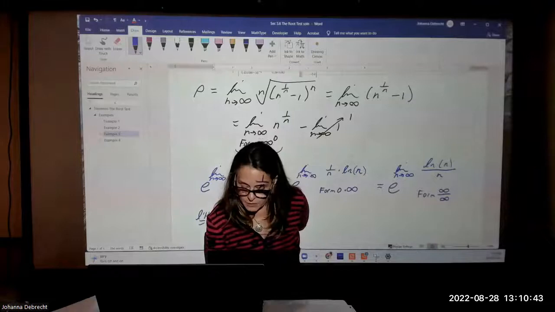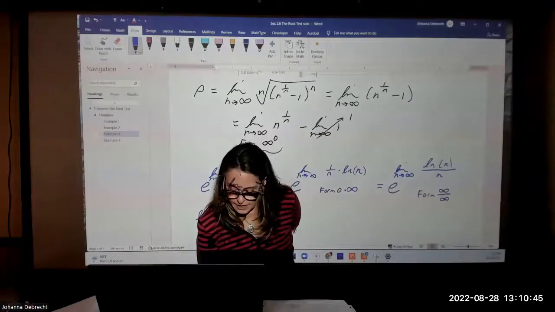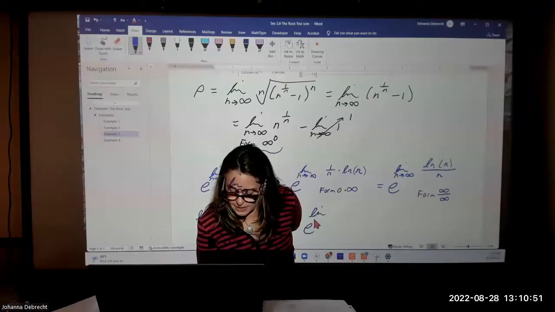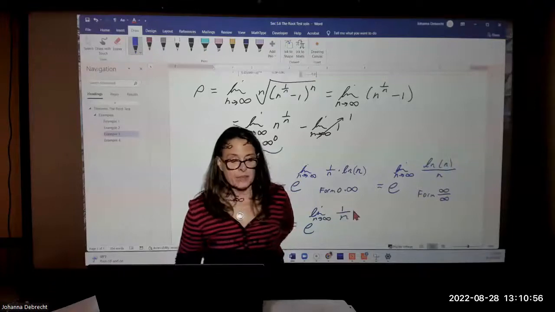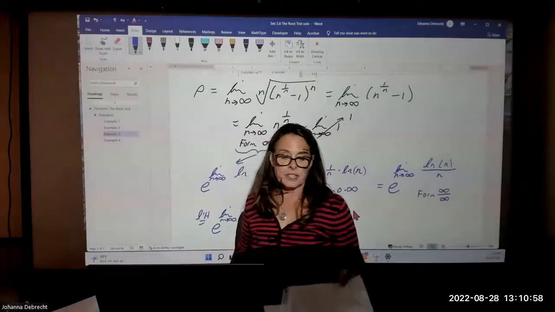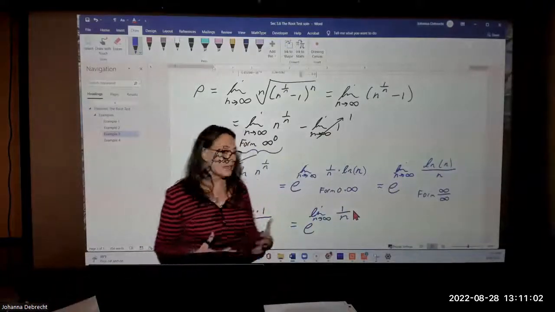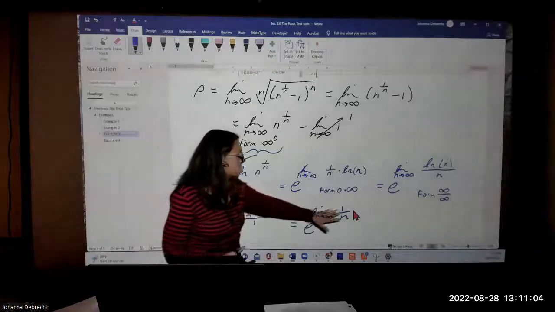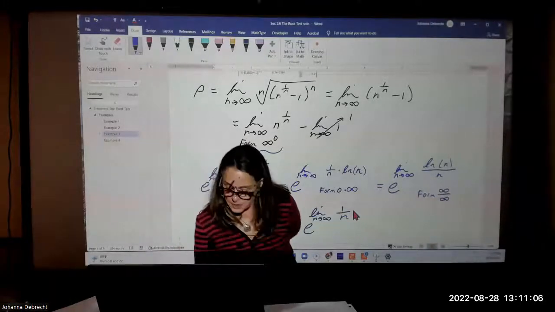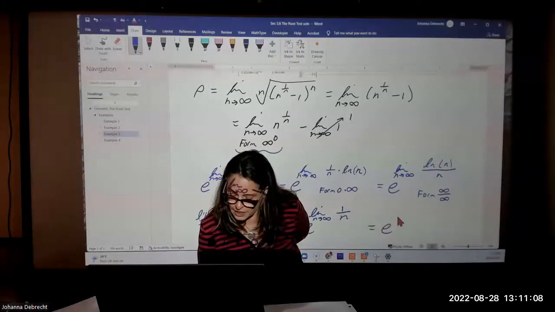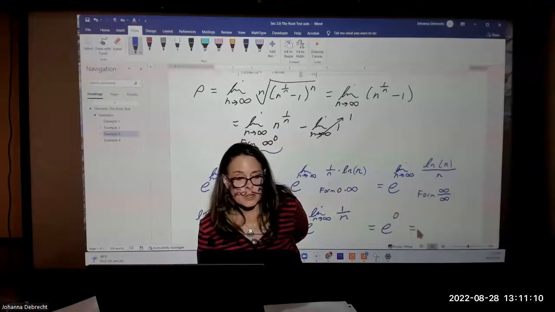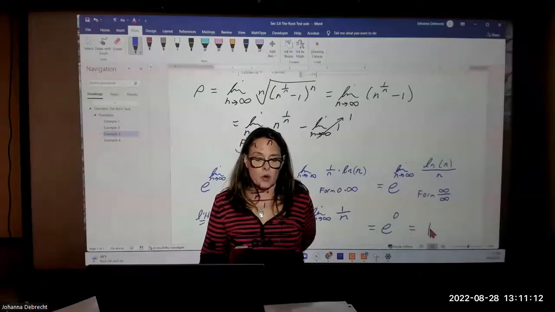So now I have 1 over n as the power on e. So I have the limit, or e to the limit as n goes to infinity of 1 over n. Now, when I look at that particular thing, what I end up with as n goes to infinity is 0. So this gives me, of course, e to the 0, which is equal to the number 1.